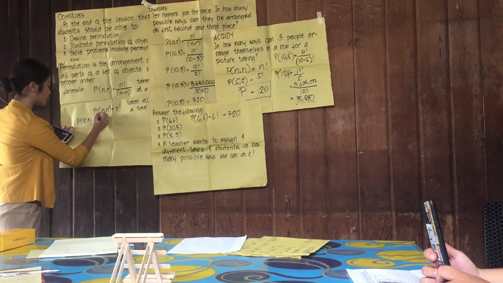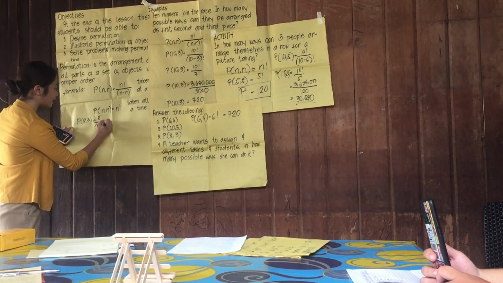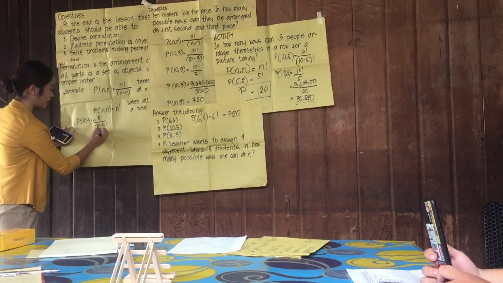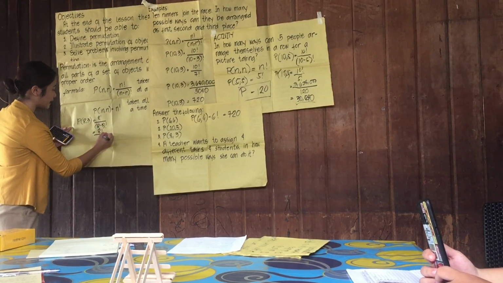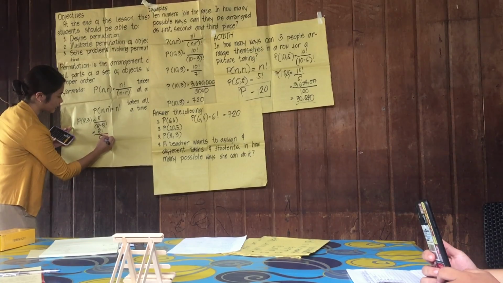8P3 is equal to 8 factorial divided by 8 minus 3 factorial. Okay, you copy 8 factorial divided by, so 8 minus 3 equals 5 factorial.